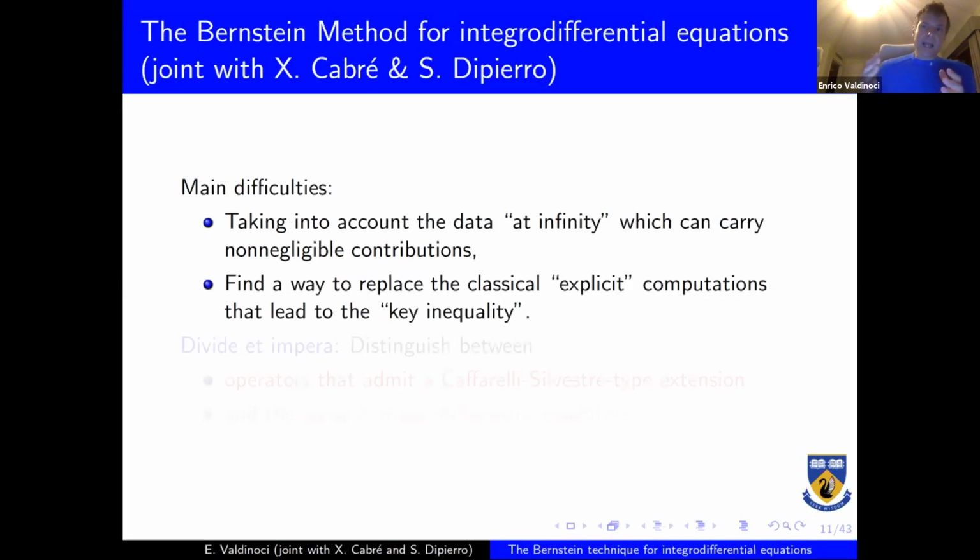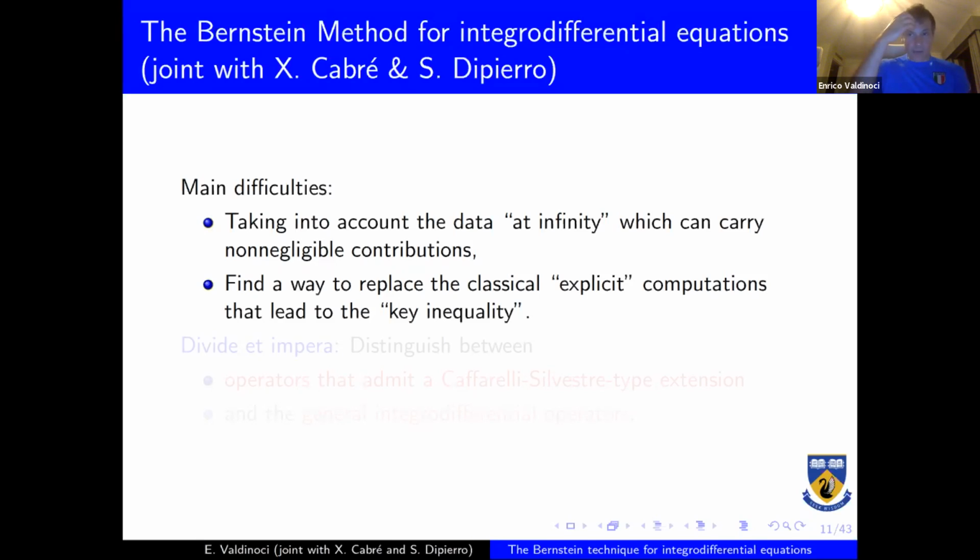And some kind of annoying fact is that the explicit computations that one can do in the classical case, based on the fact that the Laplacian is a differential operator and taking derivatives is easy, become more cumbersome, more mysterious for integral operators, and it's difficult sometimes to spot the right cancellations and the right formulation of the key inequality.